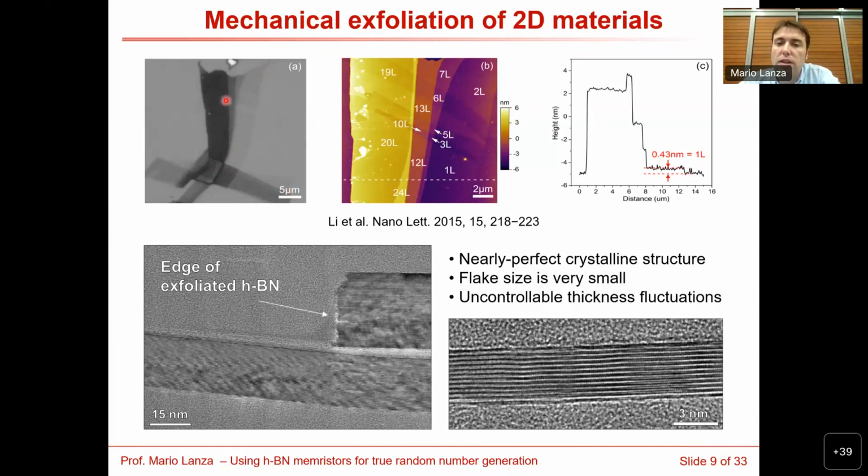So with this, you cannot fabricate a wafer of two-dimensional materials. It's impossible. However, this was used for some exploratory studies to analyze the properties of the material itself. And actually, using this method, you can see that the crystallographic structure of the material is nearly perfect.